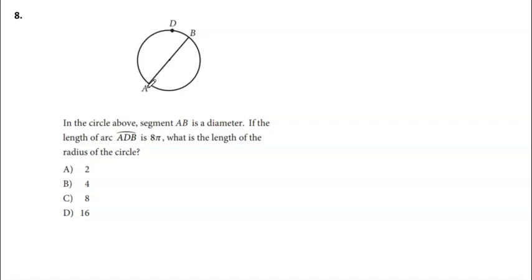They want us to find the radius, so this is what we've been asked to do. So let's go with what we know. We know that circumference is equal to 2 times pi times r. That's a formula that we know.